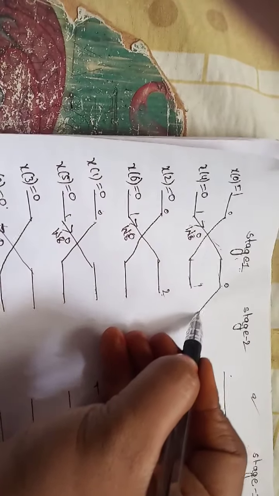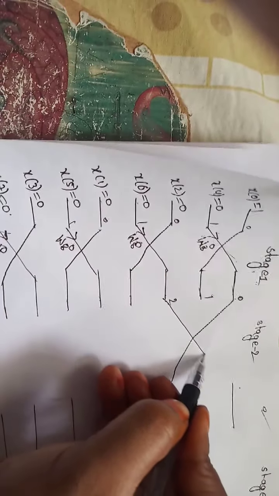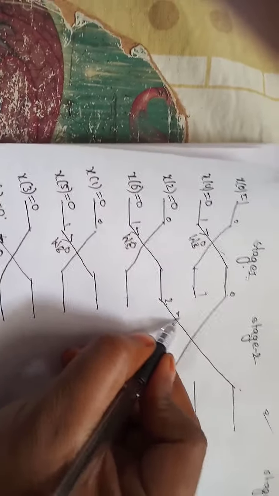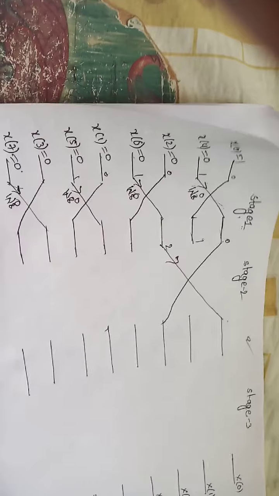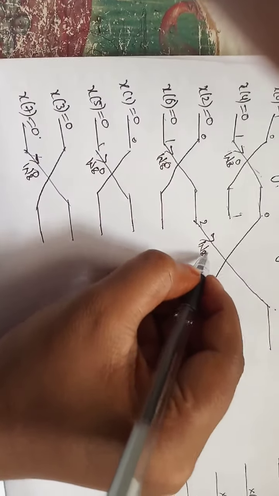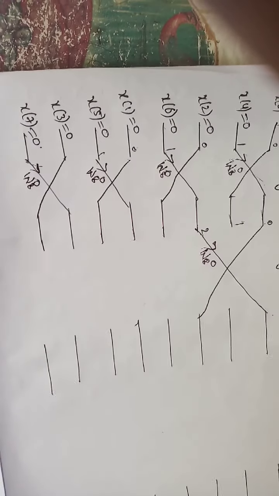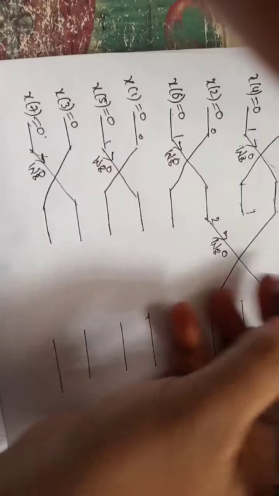See here, 0 is connected to the opposite of 2 and 2 is connected to the opposite of 0. So here we got two factors in stage 2 at the 8th step: W8 of 0 and W8 of 1. So these two twiddle factors are repeated 2 times in stage 2.